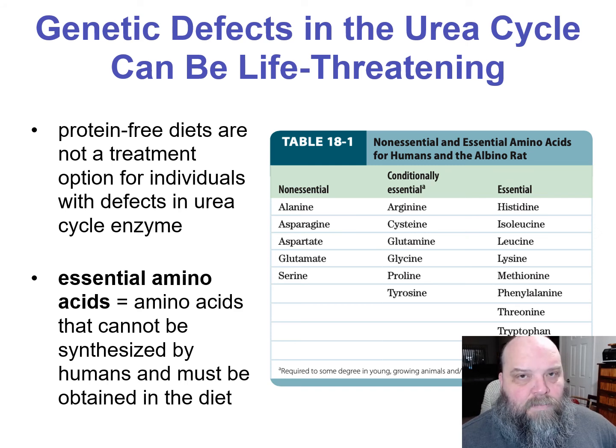But there's a problem with that for some individuals. They have a defect in one or more of the enzymes in this process. So they get a buildup of the ammonia, a buildup of some of the intermediates. They can never actually get rid of the ammonia, because they're not making urea, or not enough.